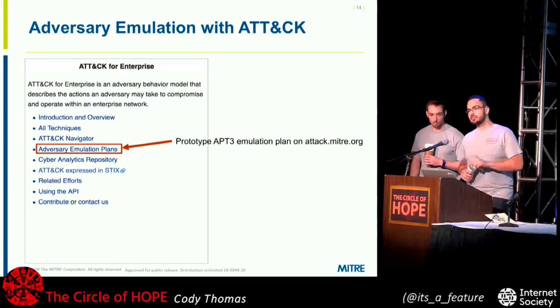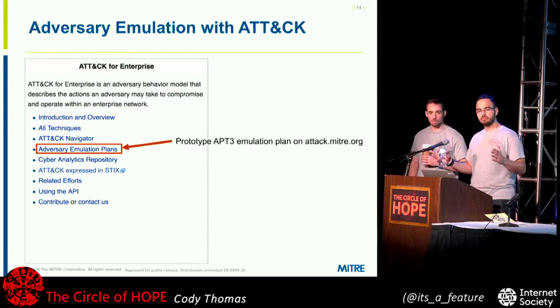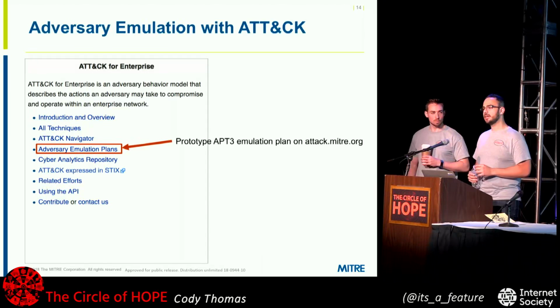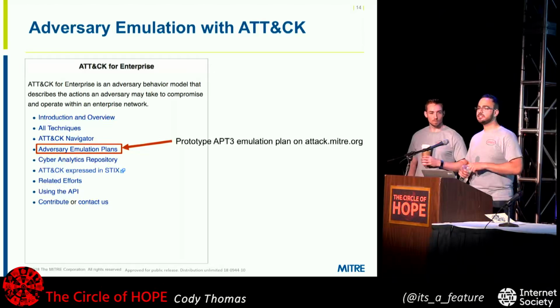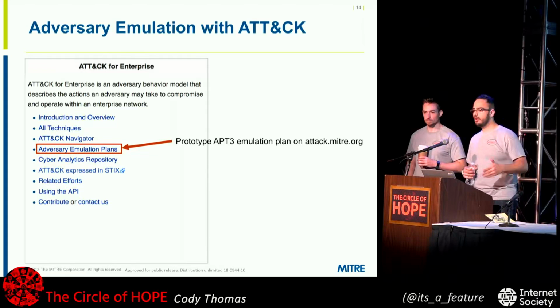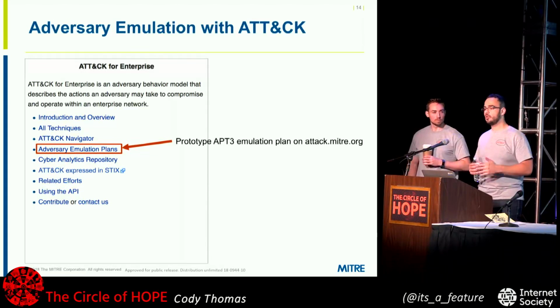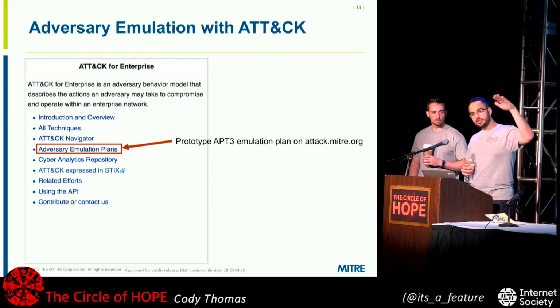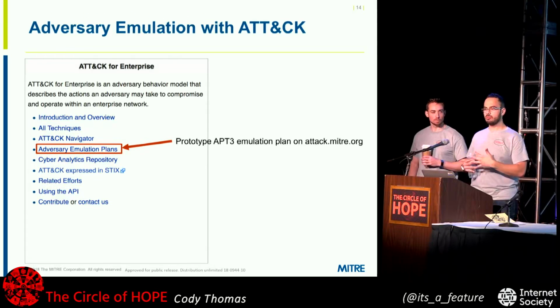Speaking of which, something we've released to help everyone bootstrap into adversary emulation using ATT&CK is our APT3 prototype for adversary emulation. This is an A to Z plan that you can take. It'll give you most of the information you need on how to emulate APT3 within your network. We identify most of the tooling they've used, and go through all the intel about the reverse engineering and what's been seen by the incident response teams responding to this APT.